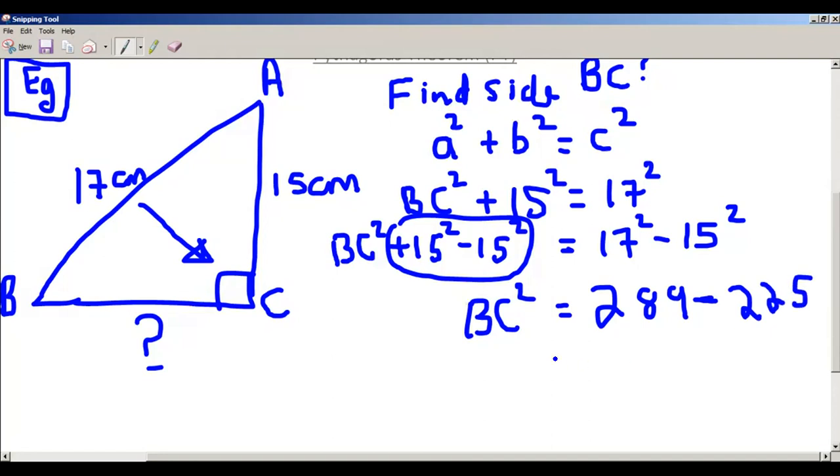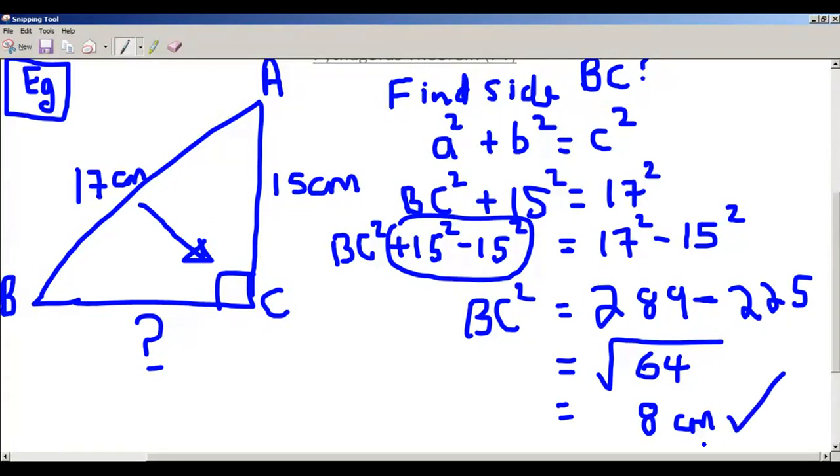And what's the difference of those two numbers? 64. And then what's the square root of 64? 8. Yes. And that's it.